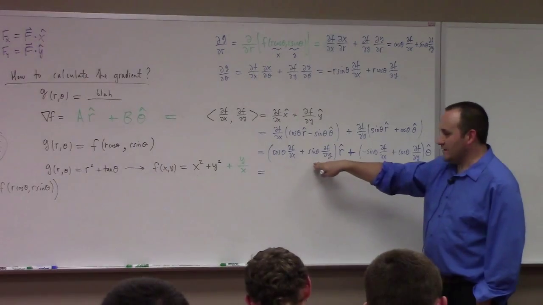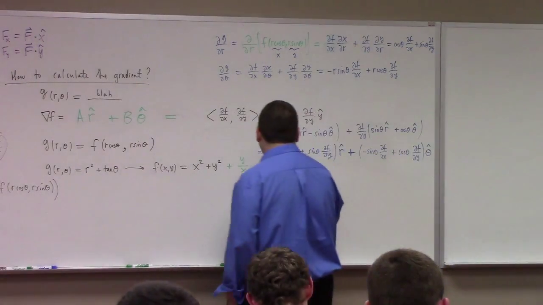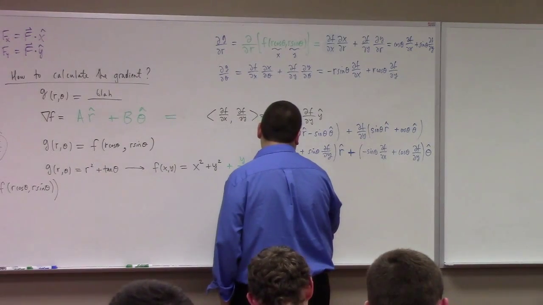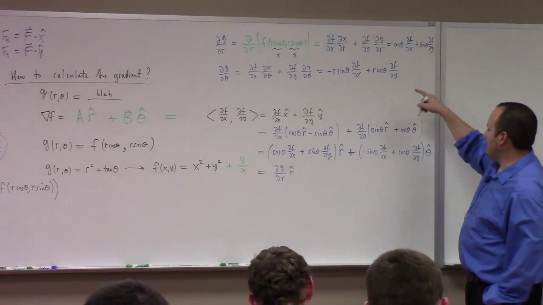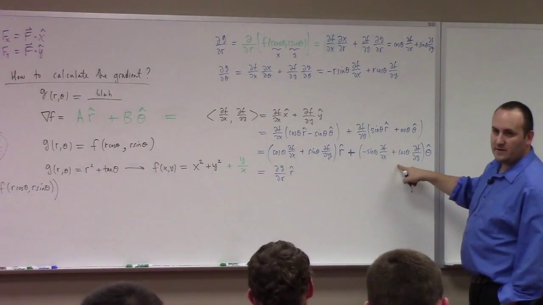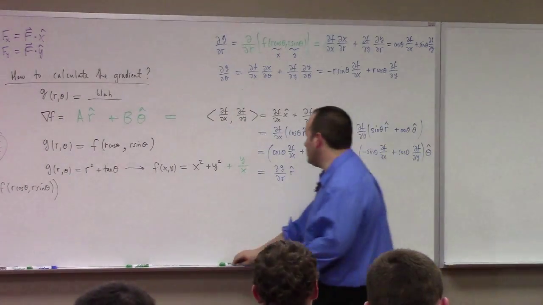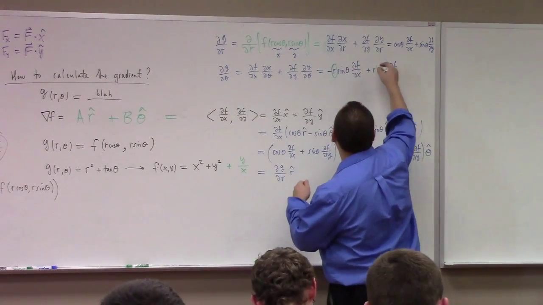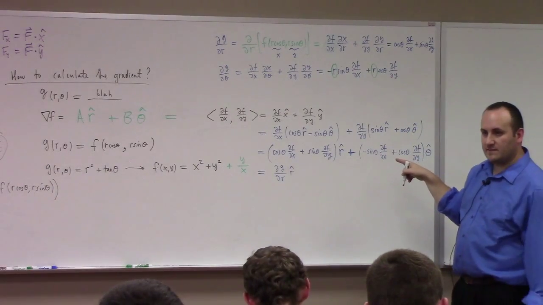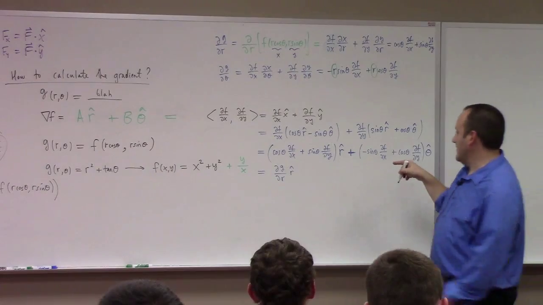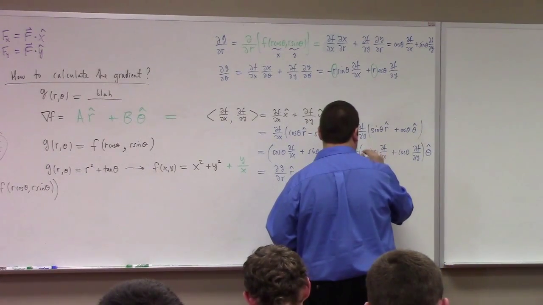So that is partial g, partial r, right? And that's not quite partial g, partial theta, is it? You see what you got up there? See that r? There's no r here. How can I make an r from nothing? Yeah, divide it. But then I also have to multiply it, right?